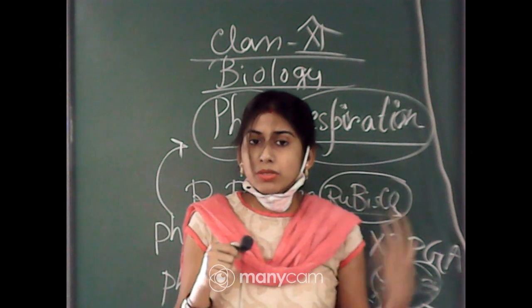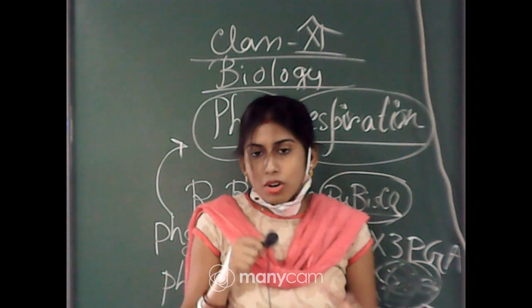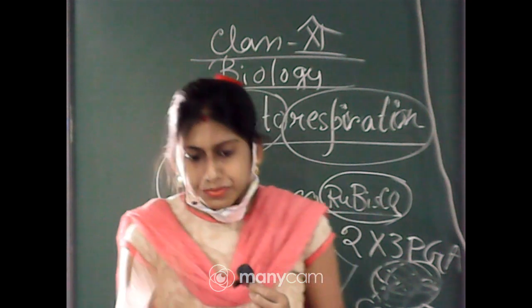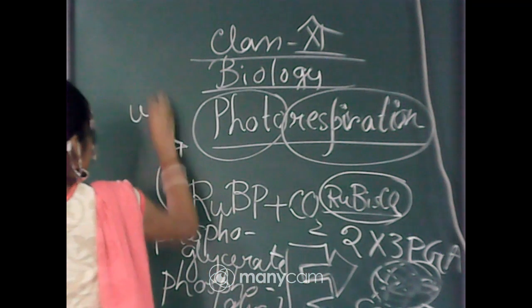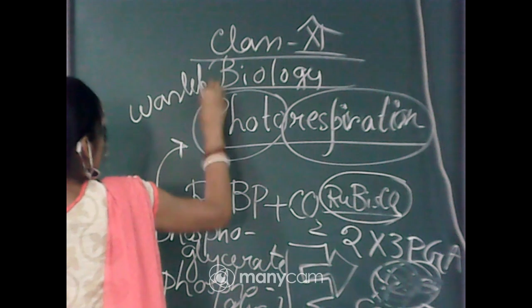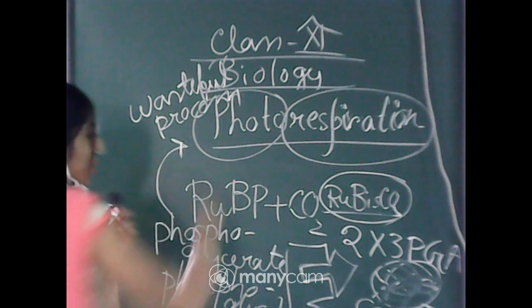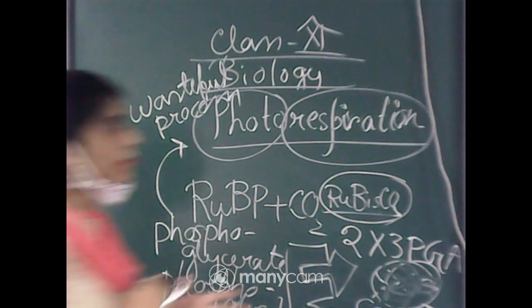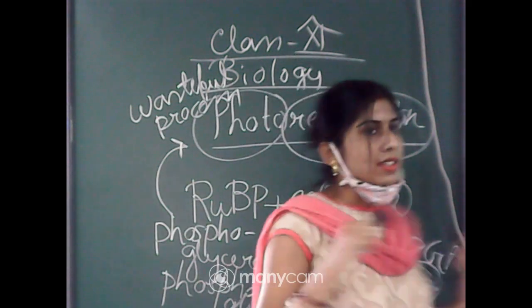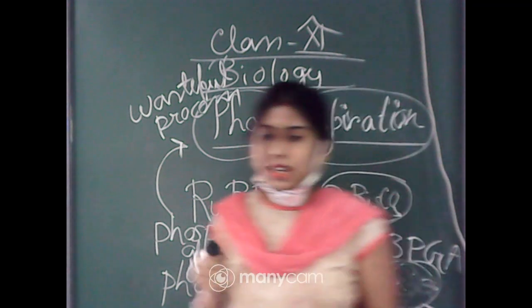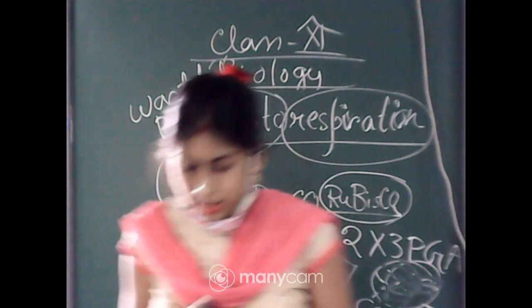But when it binds with oxygen, nothing is formed, and that is why we can call photorespiration a wasteful process. It is just a waste of that particular enzyme, as it is not giving us anything helpful.